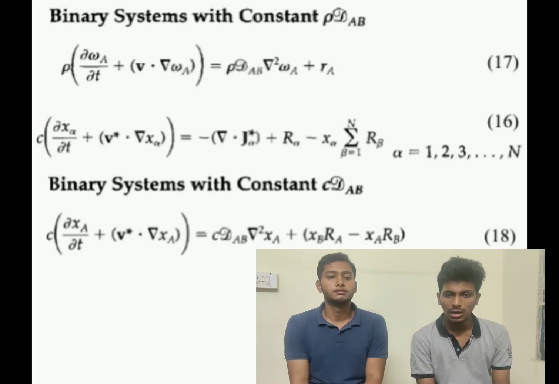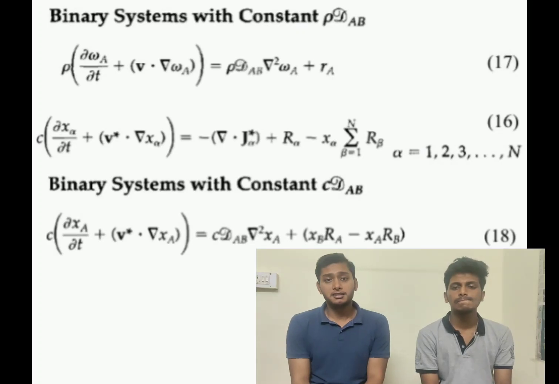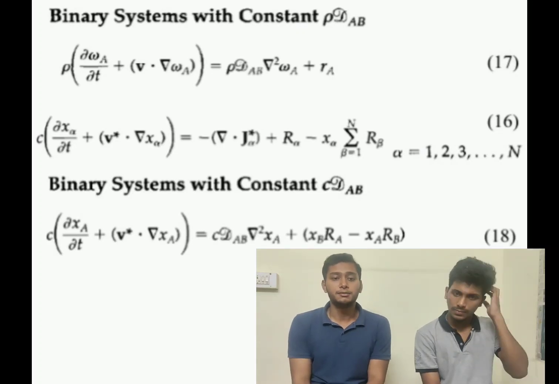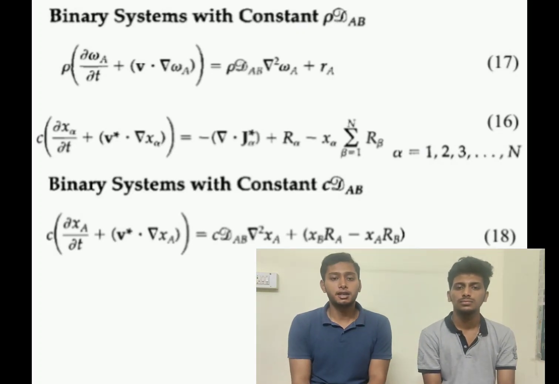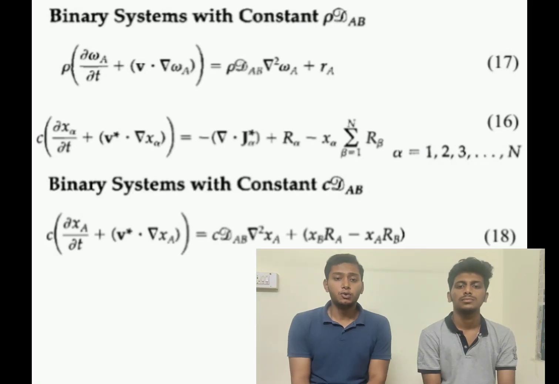So the equation 18 is in mole fractions xA and uses the molar average velocity V*, and most importantly, it is often preferred when chemical reactions are involved. Why? Because chemical reactions conserve moles more intuitively in many cases.